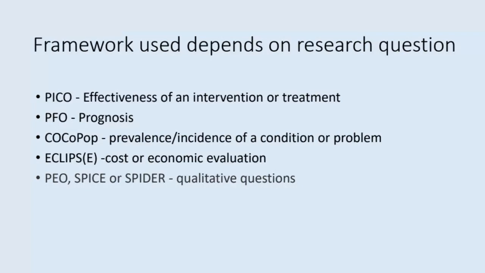So these frameworks aim to help researchers think through and plan not only their literature search, but also their research question. You may have seen others, so some of you may be doing a cost or economic evaluation of a health intervention. So ECLIPSE can be useful there.